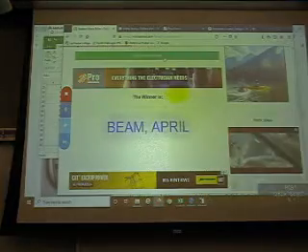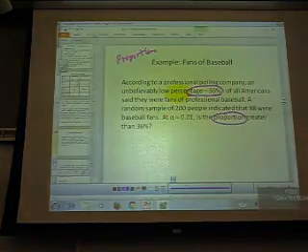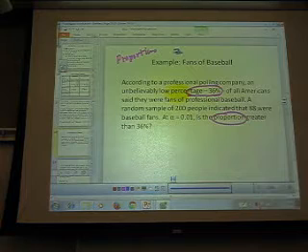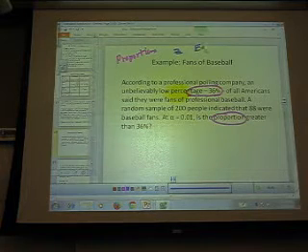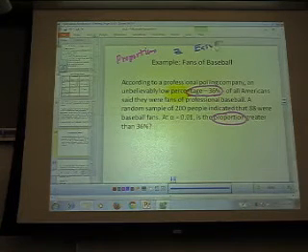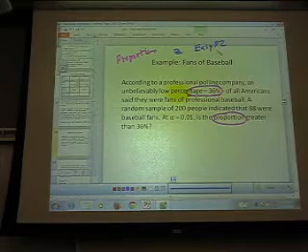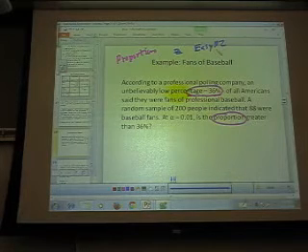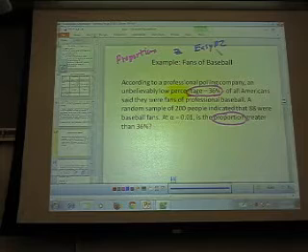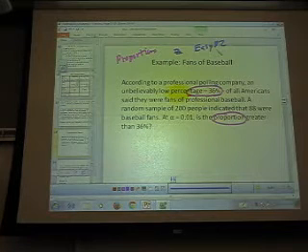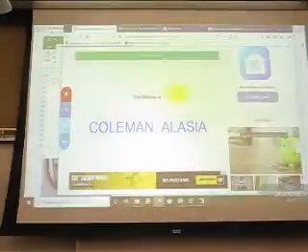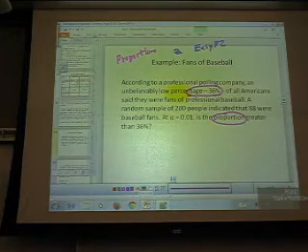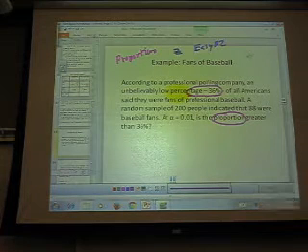April. Z or T? Z, why? Easy peasy. Great. So proportions use a Z distribution. Is it a hypothesis test or a confidence interval? Alasia? Confidence interval, why?